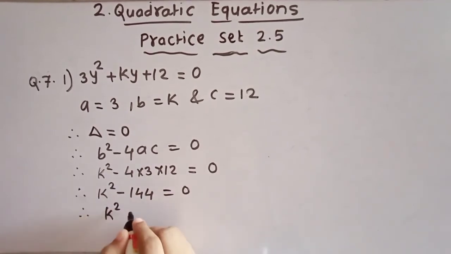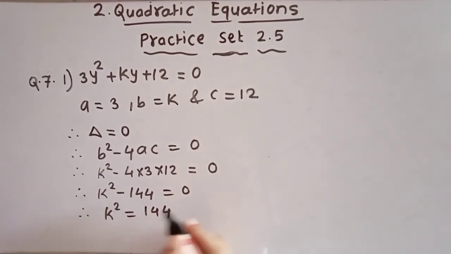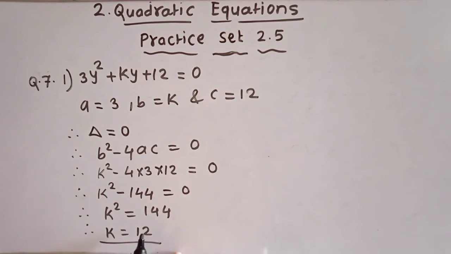Therefore k square is equal to 144. Therefore k is equal to 12. But this should be plus or minus 12. Yes or no? Root of this 144 is what? Plus 12 or minus 12. So answer is k is equal to plus 12 or minus 12.